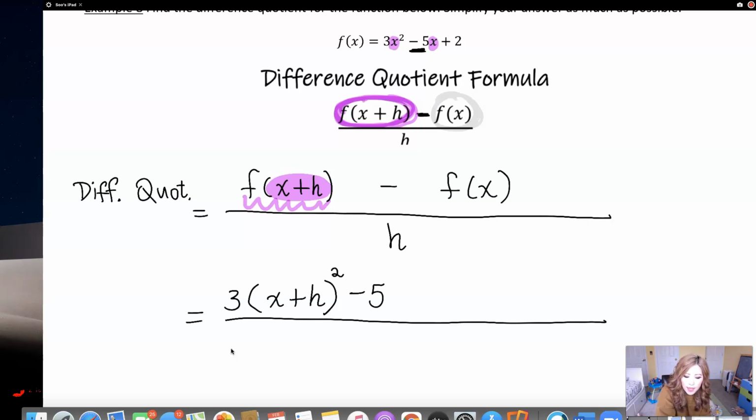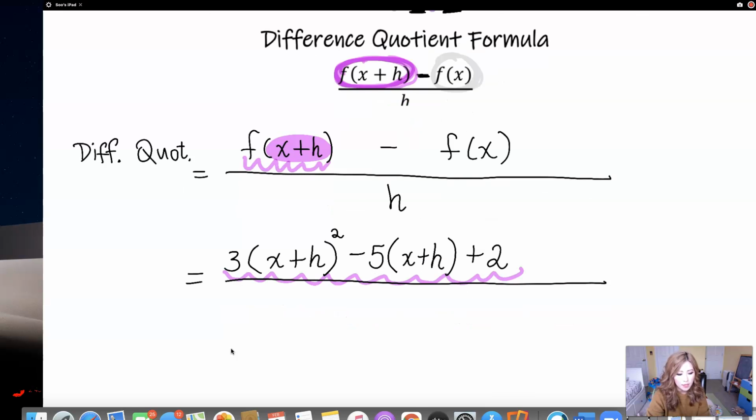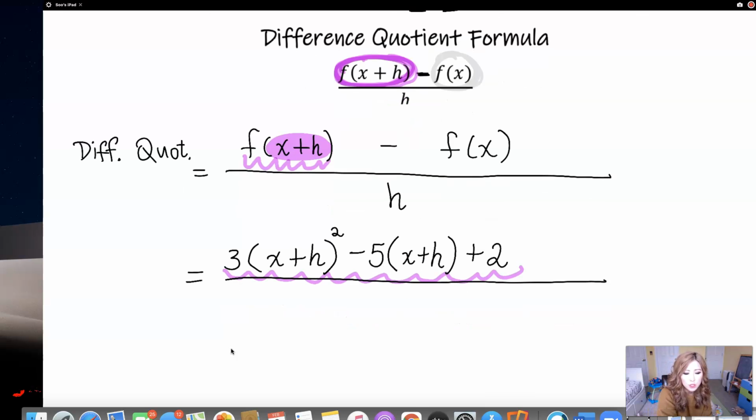But instead of x, let's go ahead and replace that x by x plus h. Am I done? Not yet. What's there after it? The plus 2. So just write down the plus 2. So what I just wrote down is a very long expression, right? But the whole purple underlined term, it's more than one term, the thing is f of x plus h. Let's keep going with the rest of this difference quotient formula.